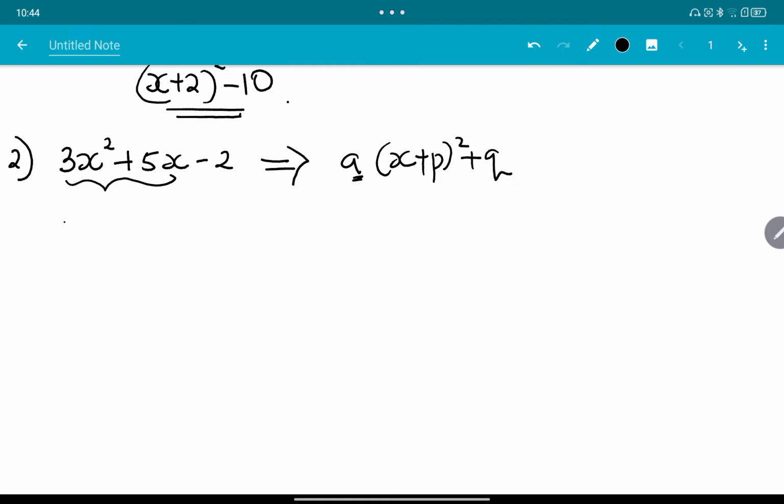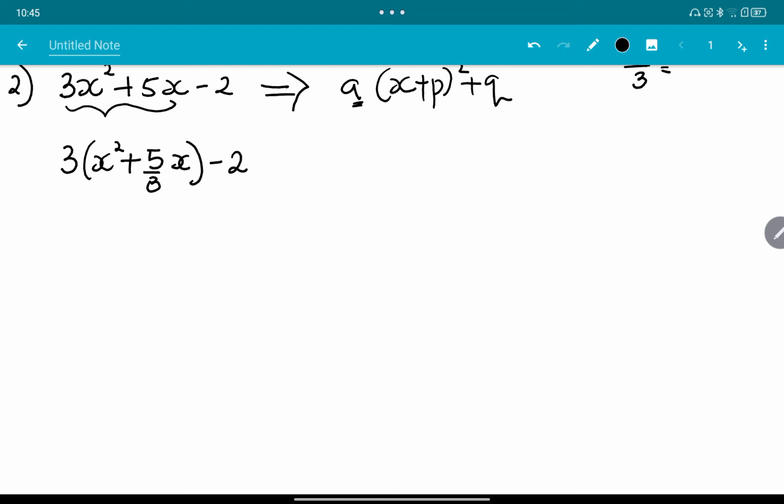So when I factor out 3 from 3x squared, I'll remain with x squared plus, when I factor out 3 from 5x, factorization is taking the number dividing by the factor. Whatever remains is what we write inside the bracket. So 5 divided by 3 is 5 over 3 x, okay, minus 2. That is what we have there, okay.